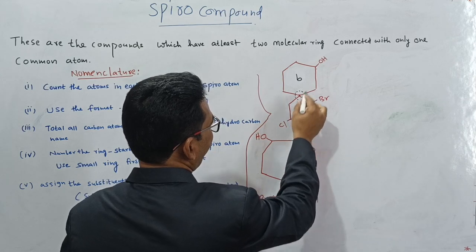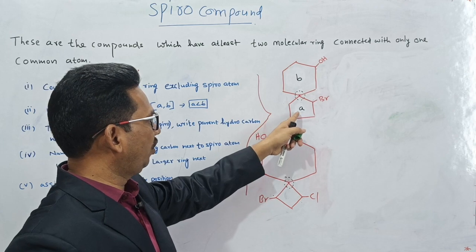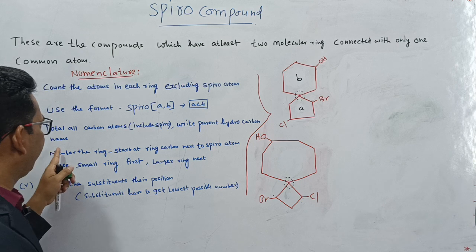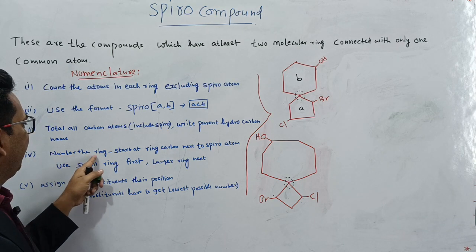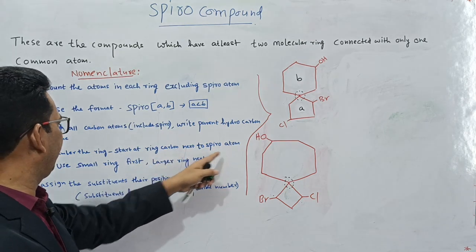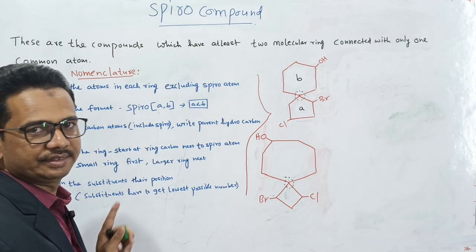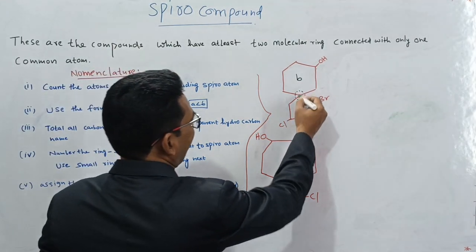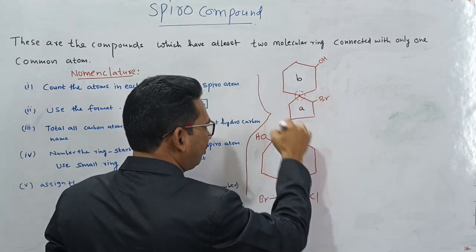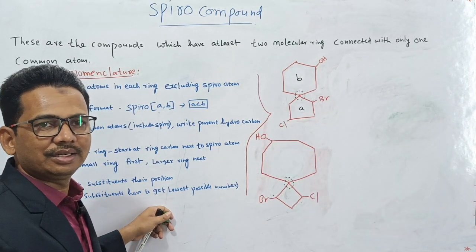Before giving the name, we have to give the numbering. Where do we start the numbering? We start with the smaller ring. Here I have already given, numbering starts at the ring carbon next to the Spiro atom, using the small ring first, larger ring next. After the Spiro atom we start the numbering, and we give it initially for the smaller ring, not the larger ring.